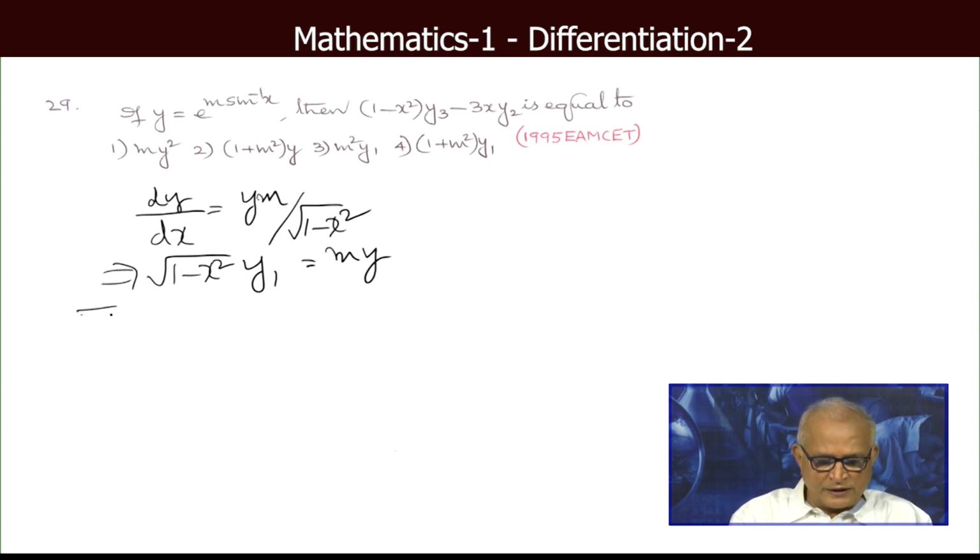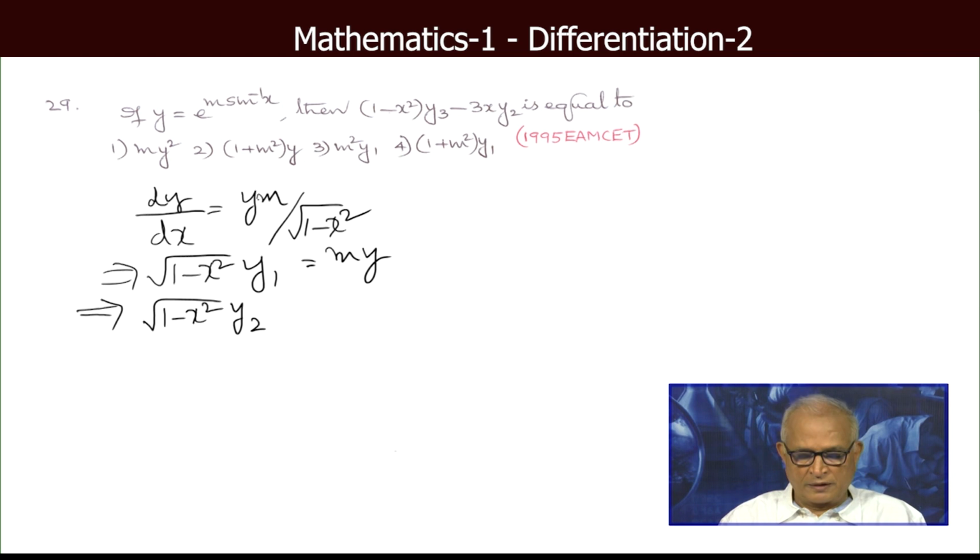Now, differentiate both sides with respect to x. 1 minus x square into derivative of y1 with respect to x is y2. Product rule here, because root of 1 minus x square into y1 is the product of the two functions root of 1 minus x square and y1. So, in the product rule, derivative of first function into second function plus the second function into derivative of first function, that is minus x by root of 1 minus x square.